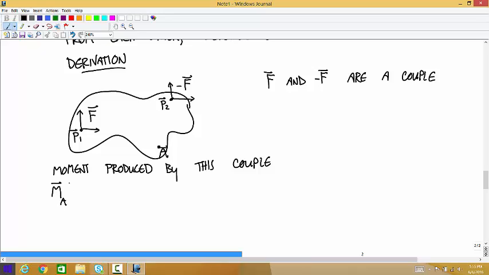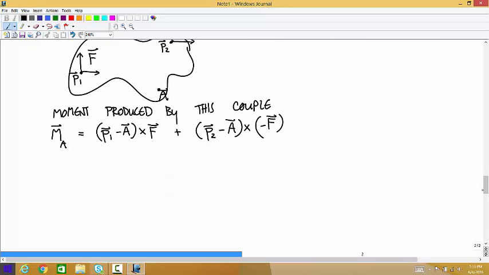So M_A is equal to P1 minus A quantity crossed with F, that's the moment produced by F, plus P2 minus A crossed with negative F, that's the moment produced by negative F. If we multiply this out, we get P1 cross F minus A cross F plus P2 crossed with negative F minus A crossed with negative F.